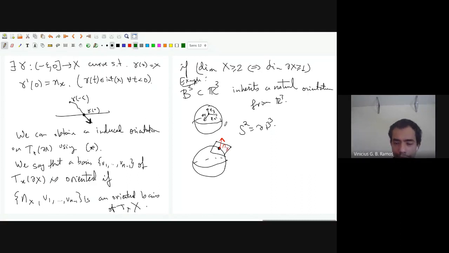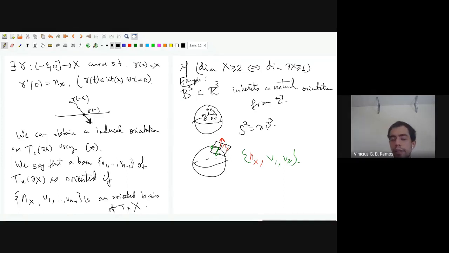And now if I pick a basis of the tangent space, so I pick these two vectors, I need to know which order they come. If it's first this one and then this one, or first this one and then this one. And how do I know? Well, I have to put nx as the first vector, and then I have to put v1, v2, in such a way that this is an oriented basis of the tangent space to B3.